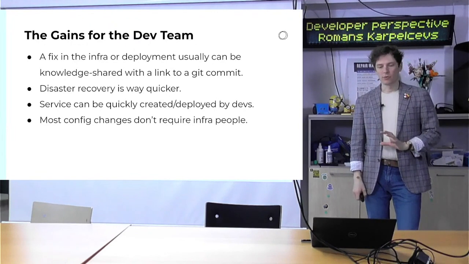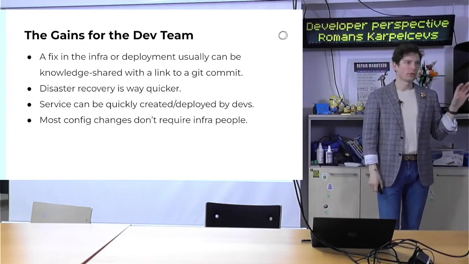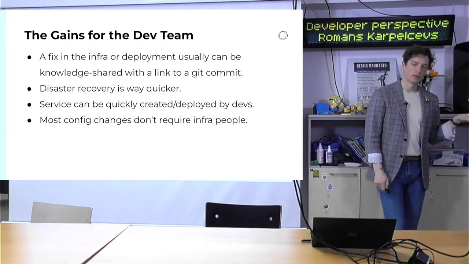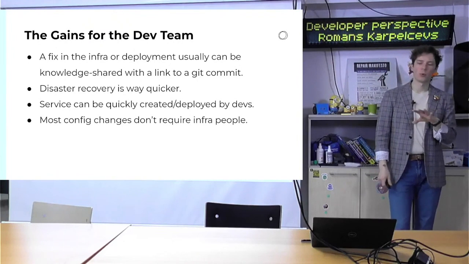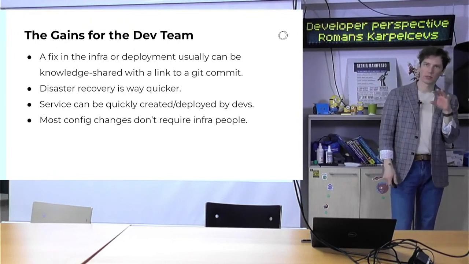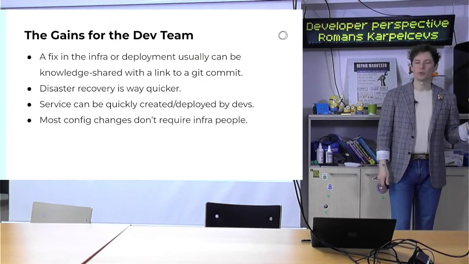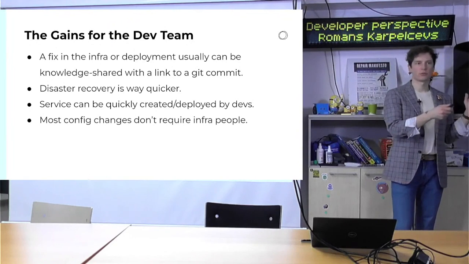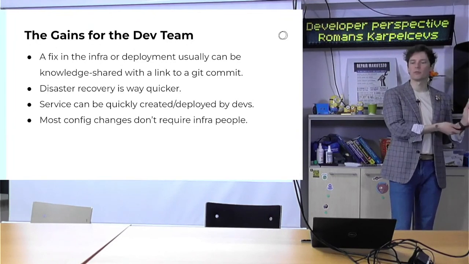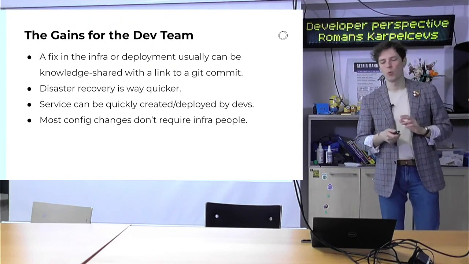What I really like, because I did a lot of the migration myself, and the other people in the developer team did a few. When they have less experience with the deployment or some syntax, if previously nothing was stored, now I can just point them to a Git commit that fixes it, and knowledge is shared that way much easier.